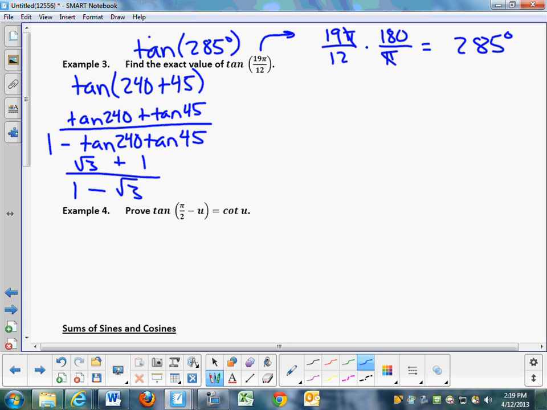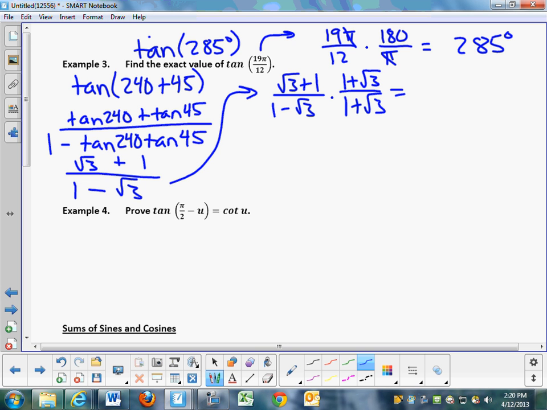Oh, it should be plus on top. Yeah, duh. So we'll take square root of 3 plus 1 over 1 minus the square root of 3. We're going to multiply that by 1 plus the square root of 3 on the bottom, 1 plus the square root of 3 on top. There we have it.